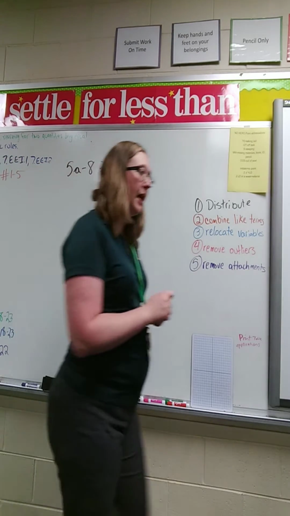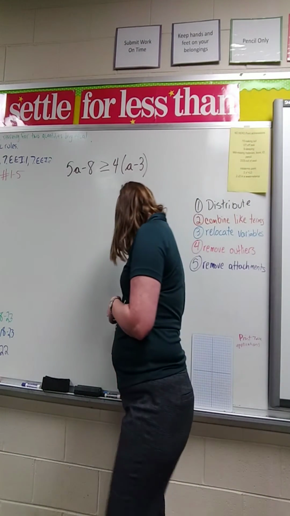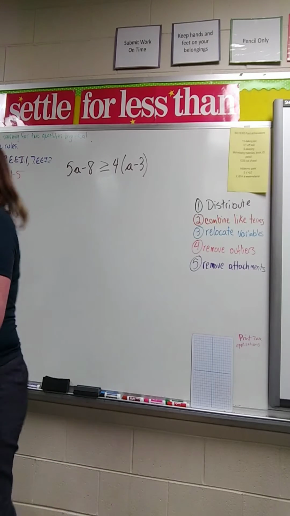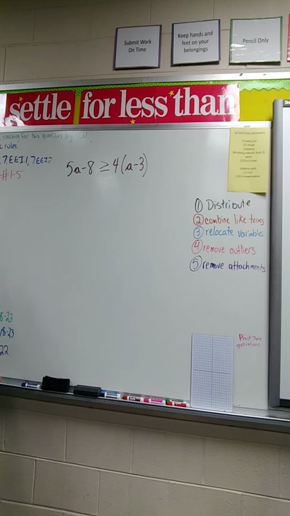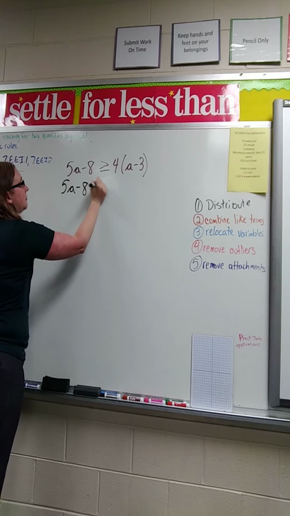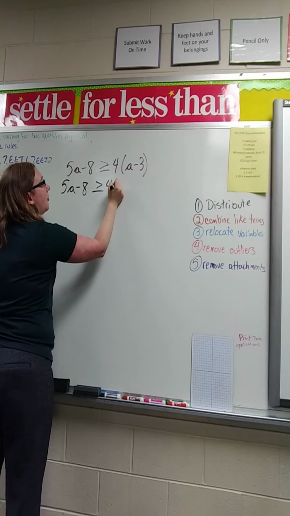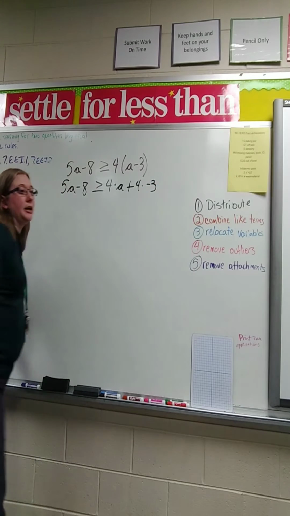First question that I have, do I need to do step 1? Yes. Okay. What am I distributing? The 4. What is the 4 being distributed to? A negative 3. So I have 5a minus 8 being greater than or equal to 4 times a plus 4 times negative 3.